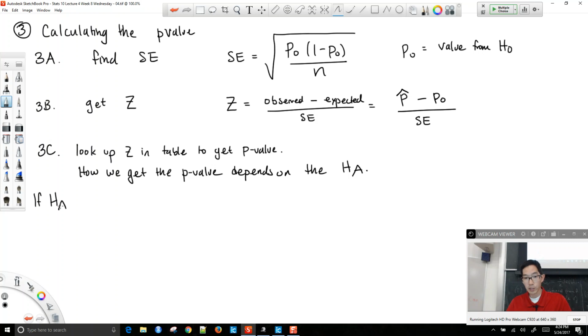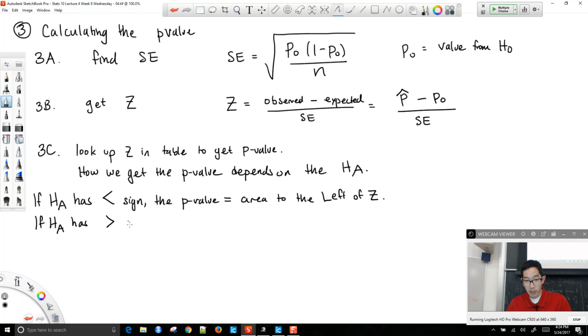If the alternative has a less than sign, the p-value is equal to the area to the left of z. If the alternative has a greater than sign, the p-value is equal to the area to the right of z.